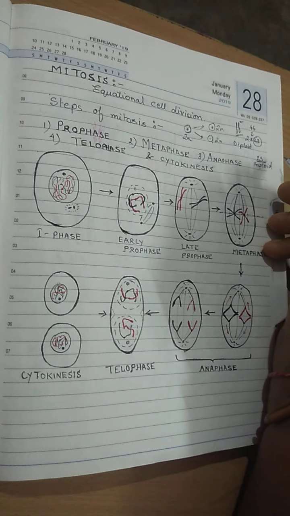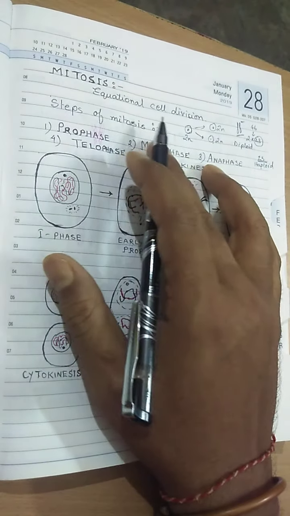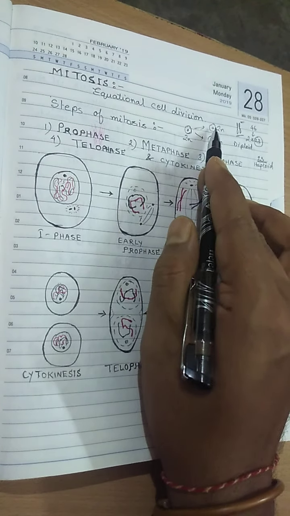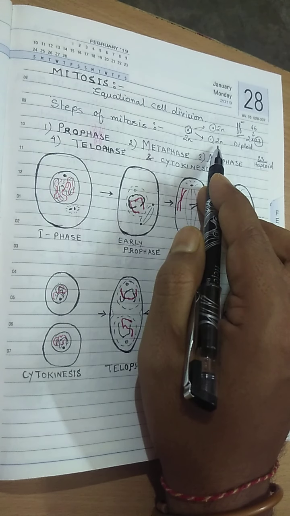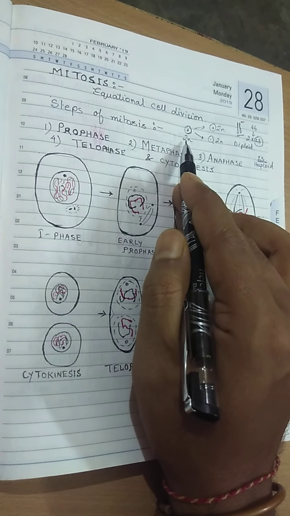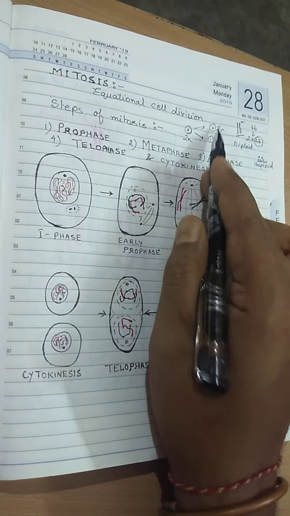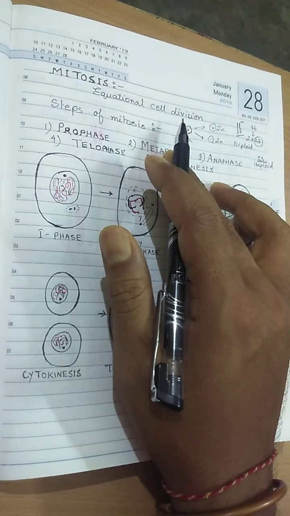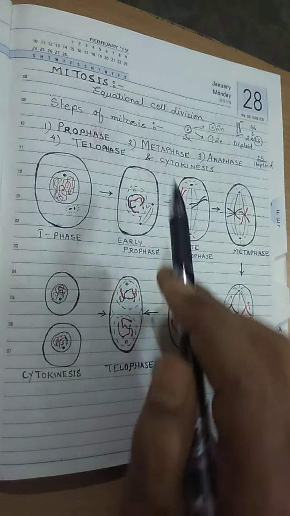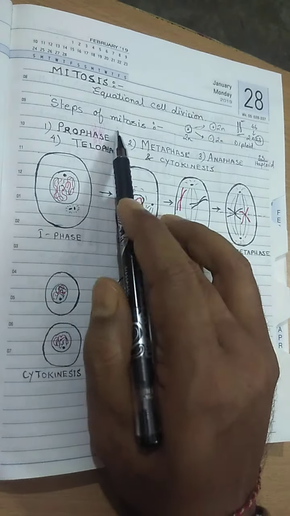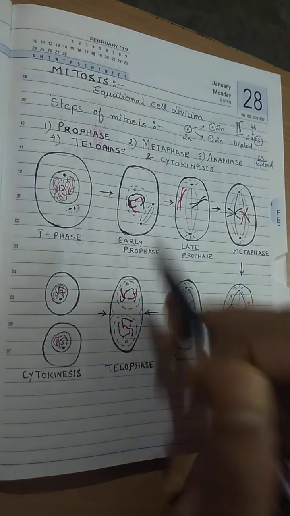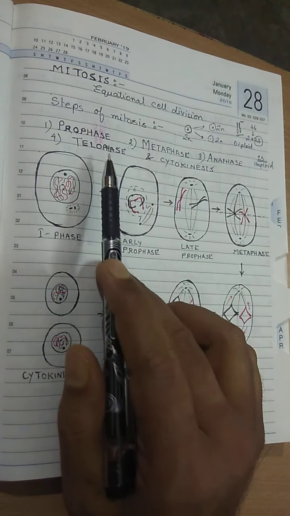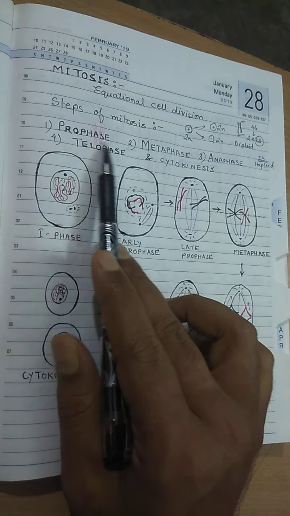So diploid and haploid. In mitosis, the ploidy remains the same. If you begin with a diploid cell, both the daughter cells will have the diploid number of chromosomes. And if you begin with a haploid cell, suppose N, then both the daughter cells will have the haploid number of chromosomes. That's why it is called equational cell division, because the number of chromosomes remains the same. So in any typical cell division, now this is the M phase that we were talking about, we have the following phases.